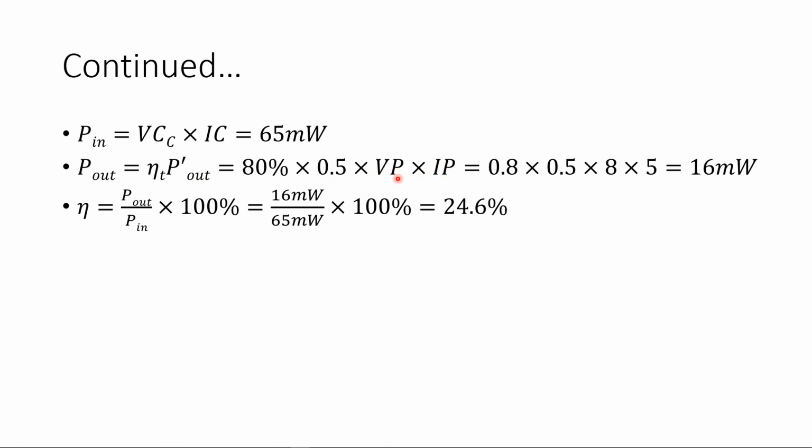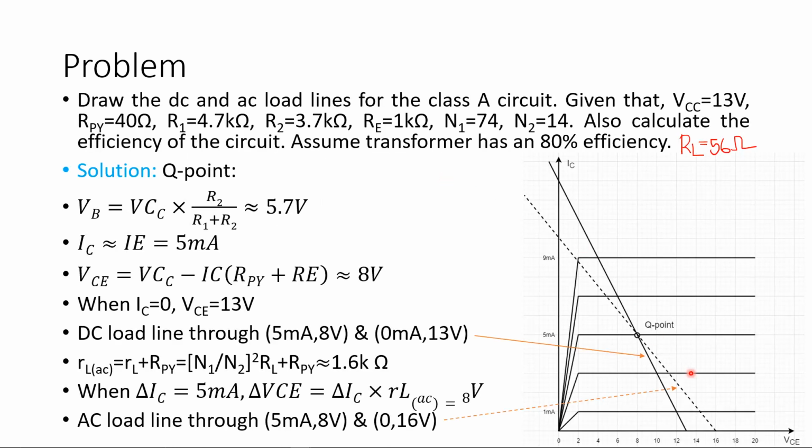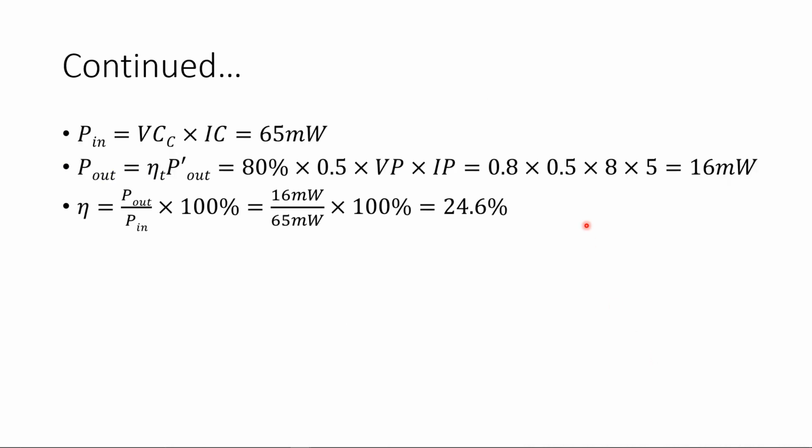This is very simple to find because the peak voltage will be 8 volt and the peak current will be 5 milliampere. So with 8 volt, 5 milliampere and 0.8, you get 16 milliwatts. This is the total output power.